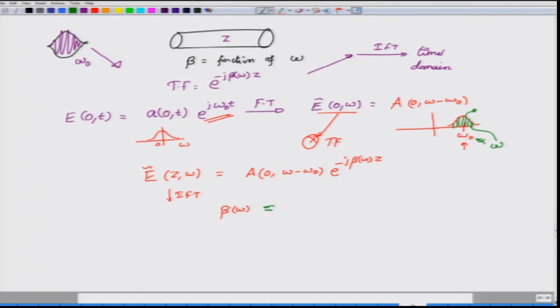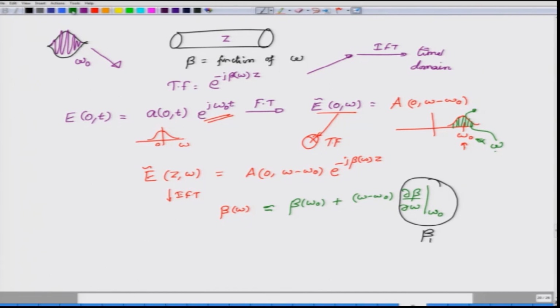I can write this beta of omega as a Taylor series: beta of omega 0 plus omega minus omega 0 times del beta by del omega evaluated at omega 0. What is del beta by del omega? This is the differential of beta with respect to omega, evaluated at omega 0. In literature, this term is called beta 1.